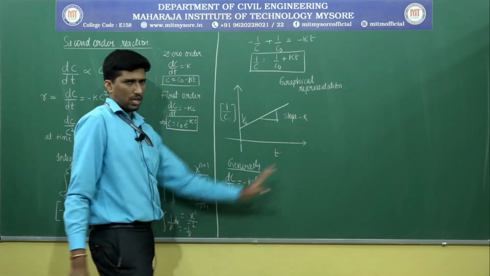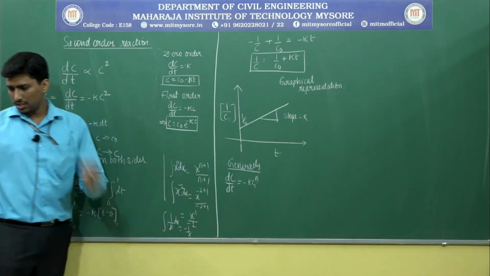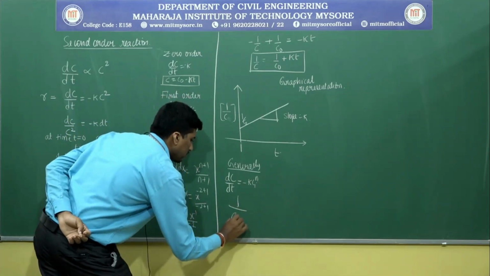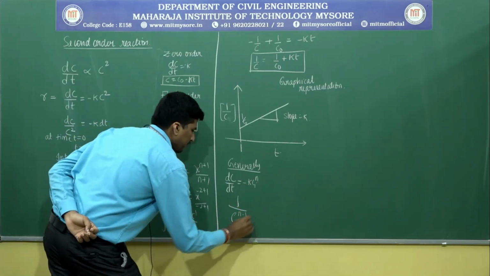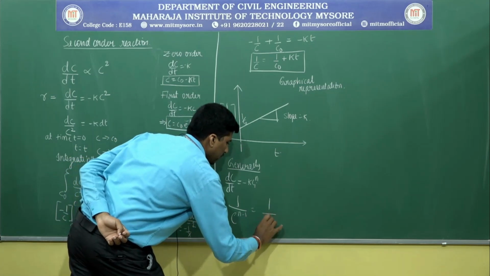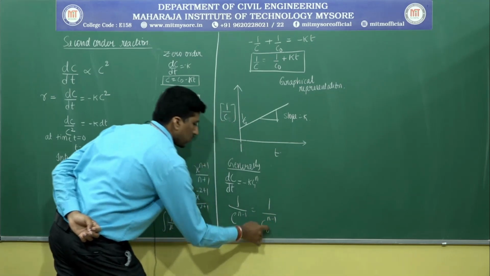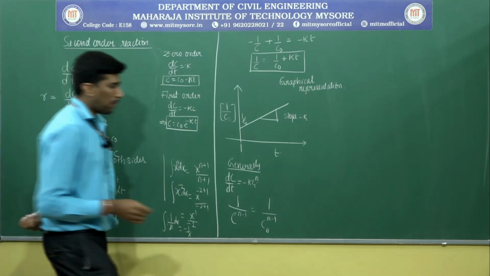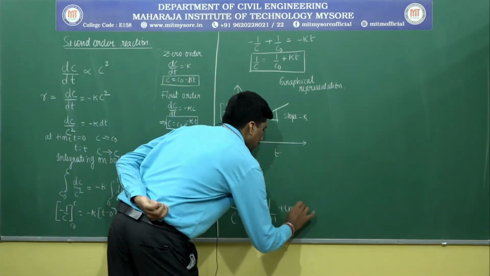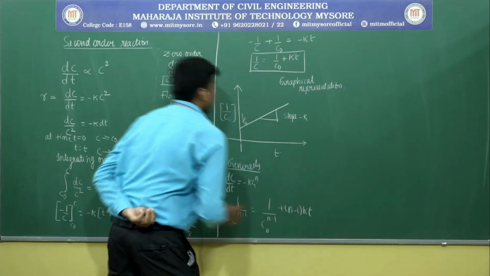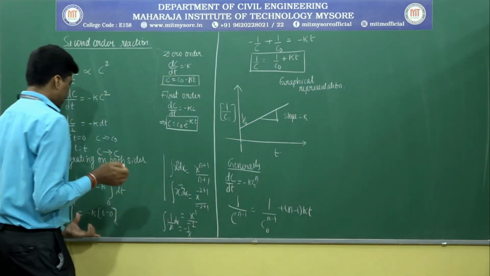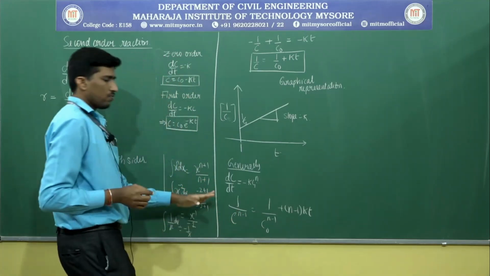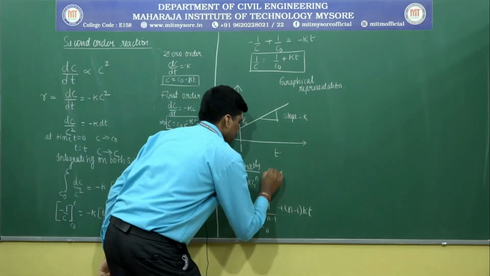For that, we have 1 by c to the power n minus 1 is equal to 1 by c naught whole raised to the power of n minus 1, plus n minus 1 into kt. This is the general expression which we have come across here, the same thing, for the nth order reaction.